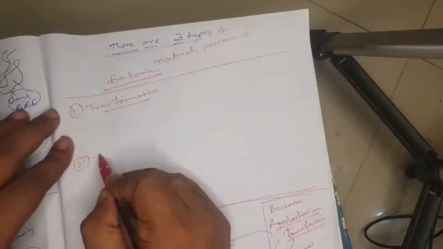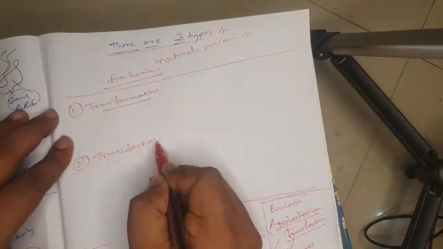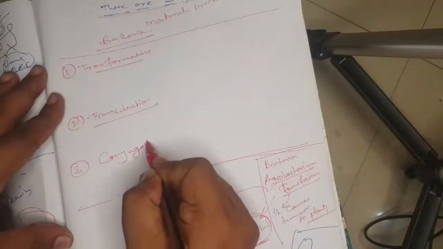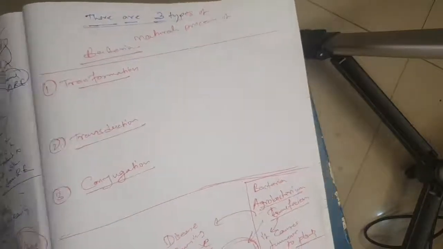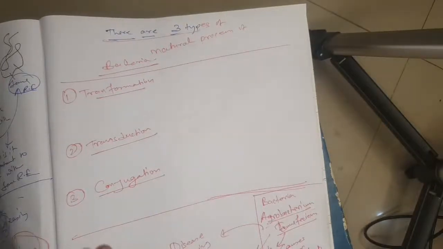Number two is transduction. And number three is conjugation. When I tell you about these processes, you will know why they are so important.